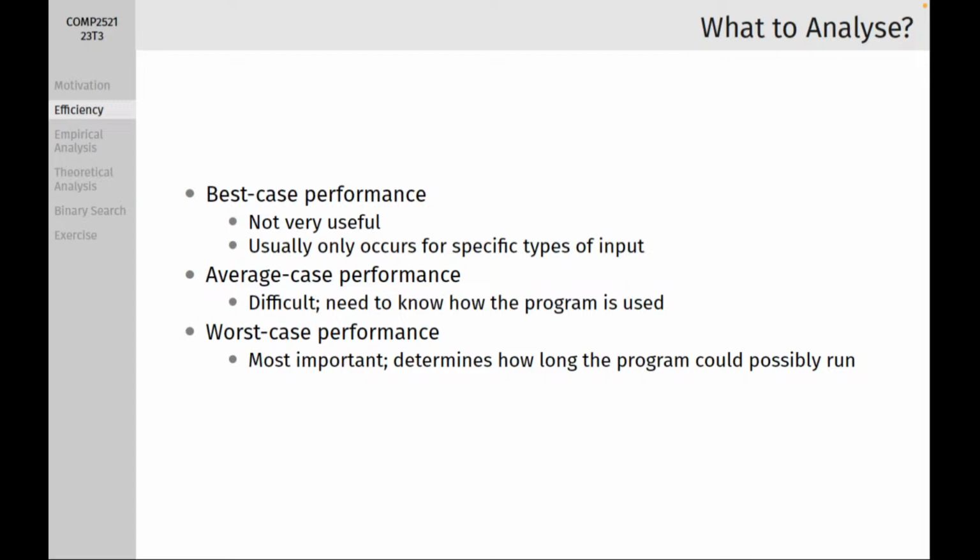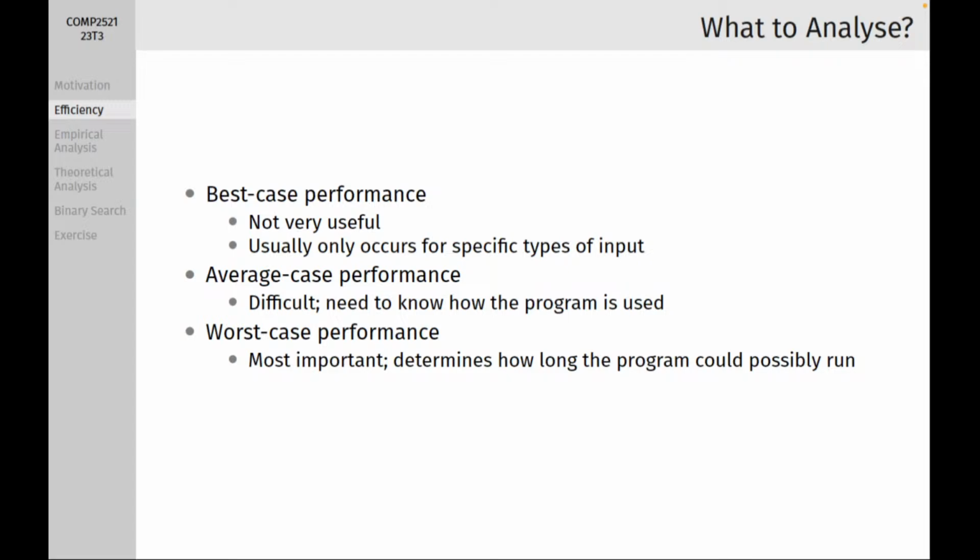You could analyze this, but it's usually not very useful, because the best case usually depends on you feeding it a specific type of input. For example, let's suppose you're running a sorting algorithm, and the sorting algorithm checks whether the input is sorted before doing anything. Then it would run really fast if you give it a sorted input. But how often are you actually going to pass it a sorted input?